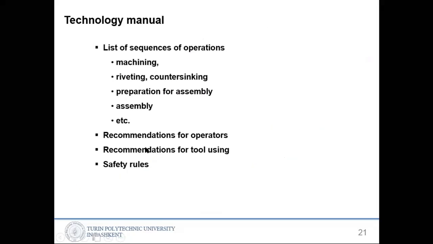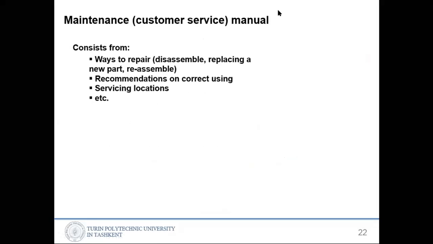Another thing is the customer service manual, or maintenance manual. Normally when you buy home appliances like a television set or fridge, you will find inside that kind of service manual or maintenance manual.